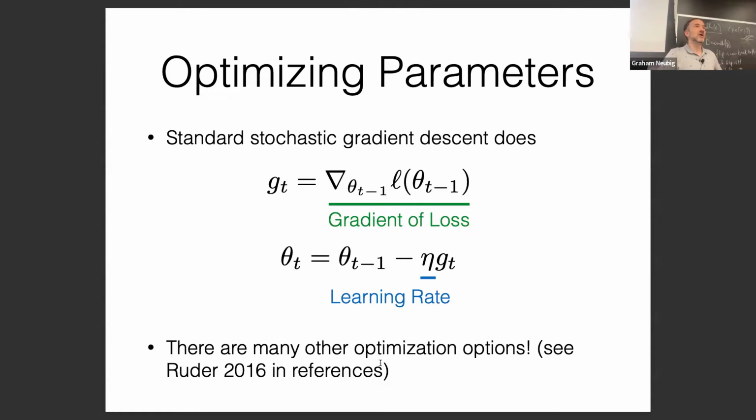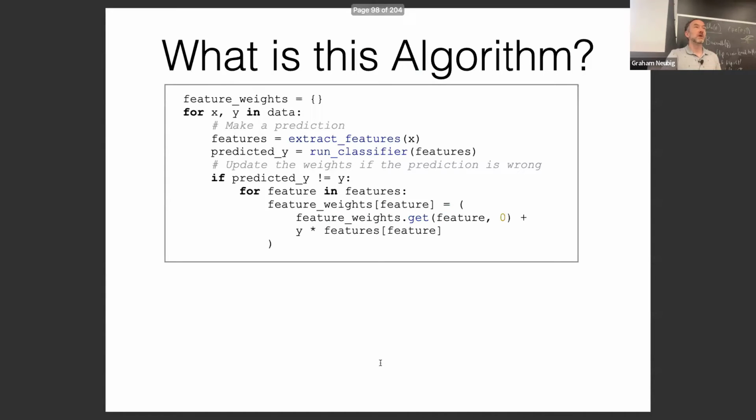Now, the reason I wanted to introduce the structured perceptron algorithm first is that it's a very good intuitive algorithm where you can totally understand what's going on in Python, but it's actually a special instance of gradient descent. Can anybody link this algorithm to the concepts that I just talked about before?